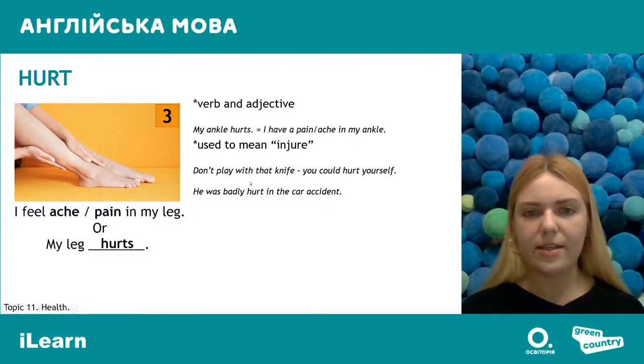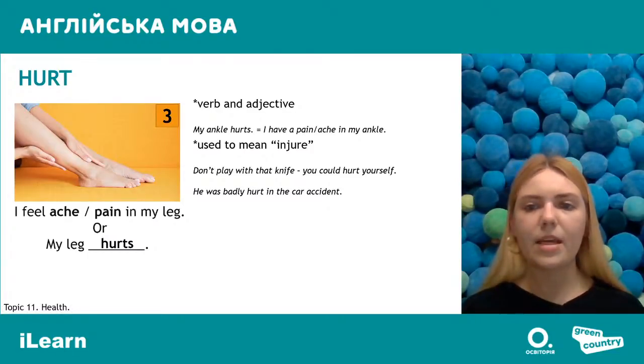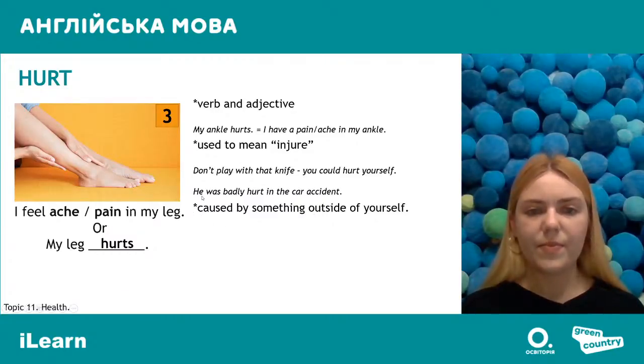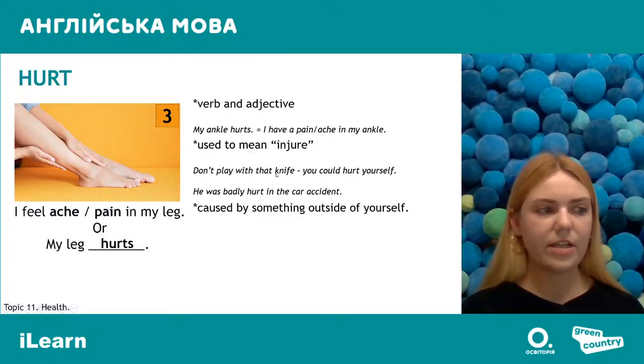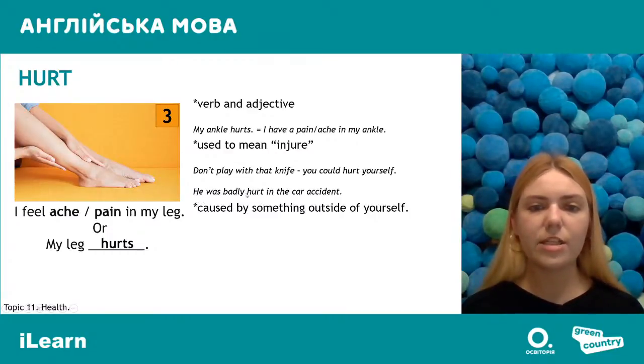So some sentences here. Don't play with that knife, you could hurt yourself. Or he was badly hurt in the car accident. Тобто не грай з ножем, ти можеш поранитись. Або він був поранений в аварії. So here in the second sentence, hurt is an adjective. Тобто в першому реченні hurt – це дієслово, hurt yourself, or hurt somebody, поранити когось. А в другому реченні це буде прикметник.